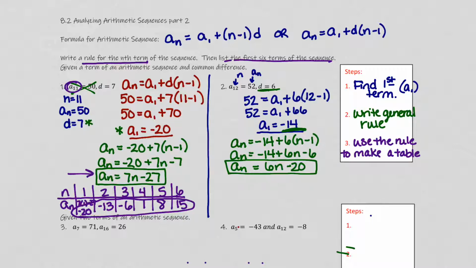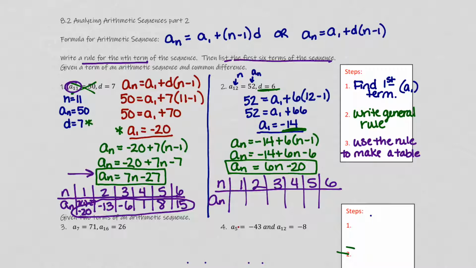So step 3, or the second part of this problem, wanted us to find the next 6 terms. So I make my table: 1, 2, 3, 4, 5, 6.